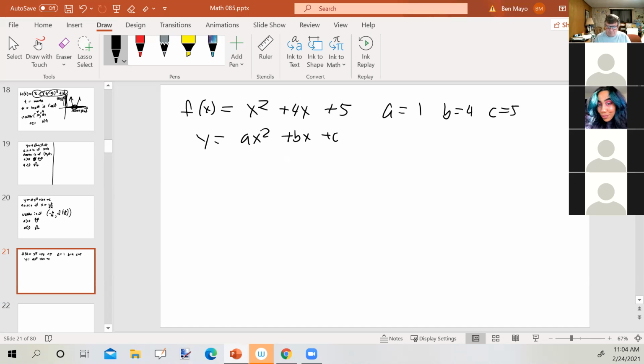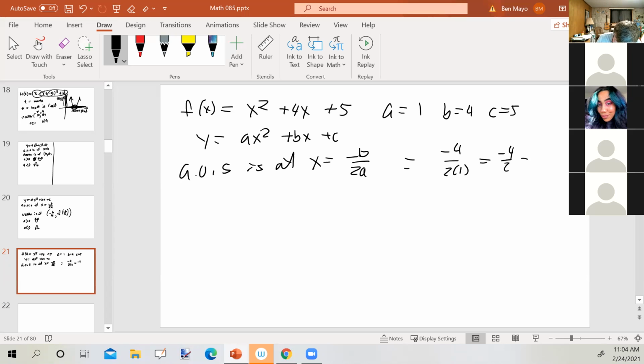Okay, now the axis of symmetry is at x equals negative b over 2a, which is negative 4 over 2 times 1, which is negative 4 over 2, which is negative 2. So the axis of symmetry is at x equals negative 2. Okay?